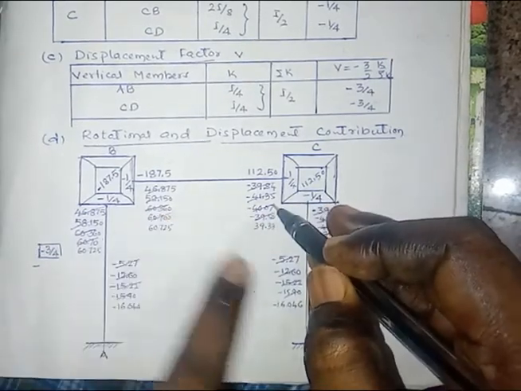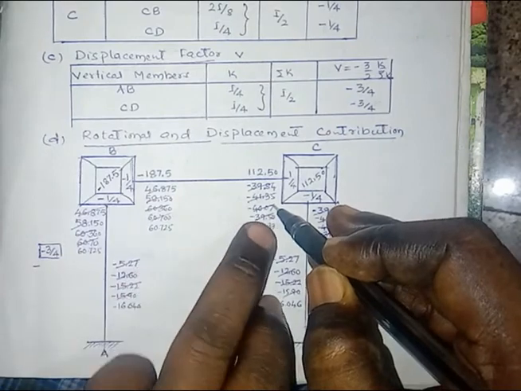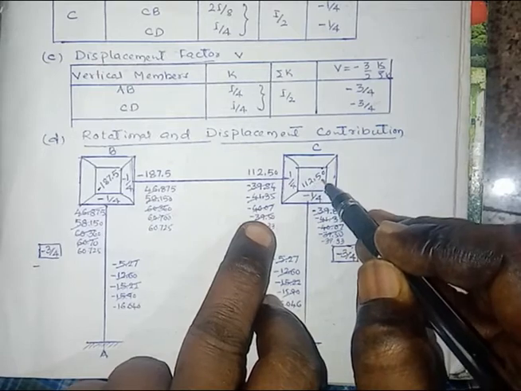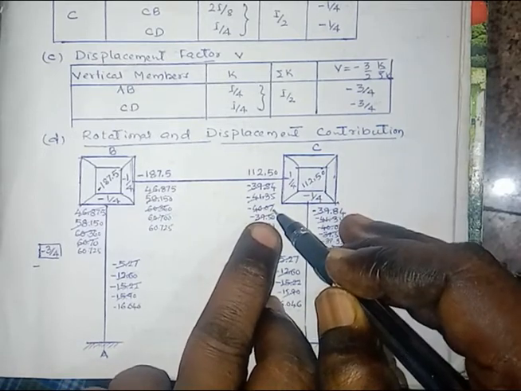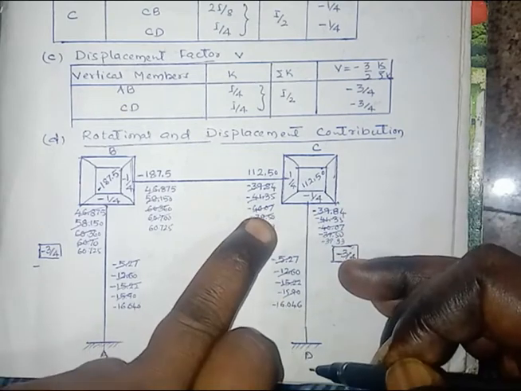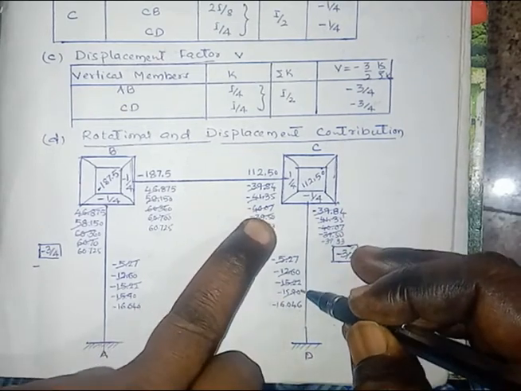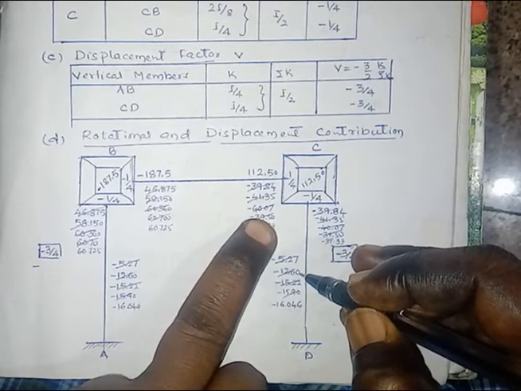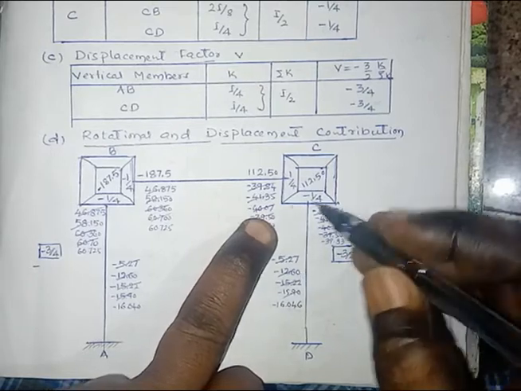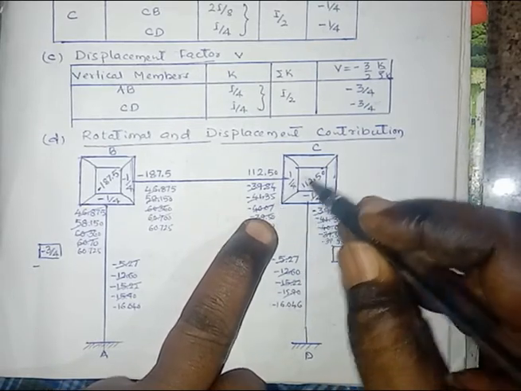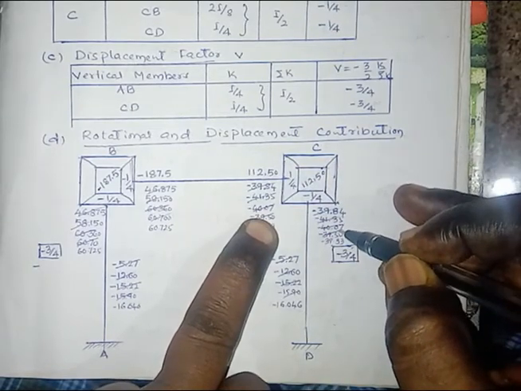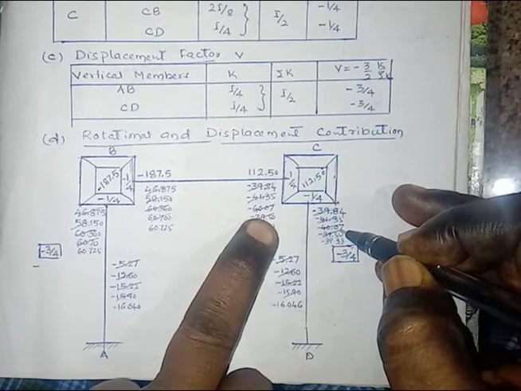Then for joint C, the third cycle value, minus 1 by 4 inside the bracket 112.5 plus the far end contribution 60.36 plus 0, and the displacement contribution minus 12.6. Here you will get minus 40.07 for the horizontal member CB, and the vertical member CD also minus 40.07.